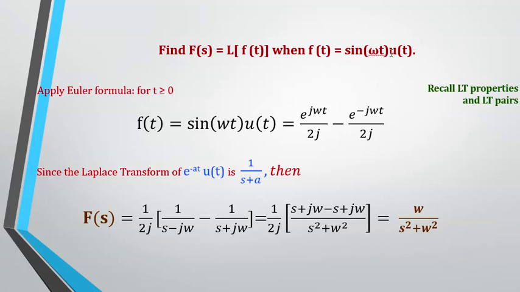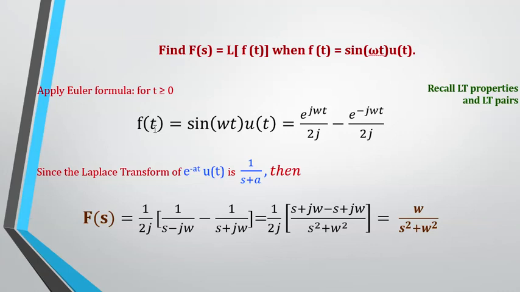In the beginning it might look a bit complicated, but I think your mind is still fresh. Let's use Euler's formula to expand sine of omega t. The sine of omega t will be e to the power of j omega t minus e to the power of minus j omega t, over 2j, right?